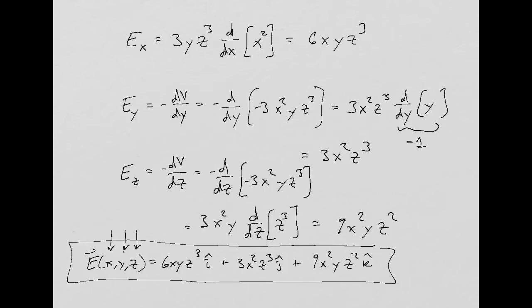Just plug in 0.1 for x, 0.1 for y, 0.1 for z. You'll have an x component, a y component, and a z component. Then I could ask you things like, what's the magnitude of that vector at that point? And good stuff like that.